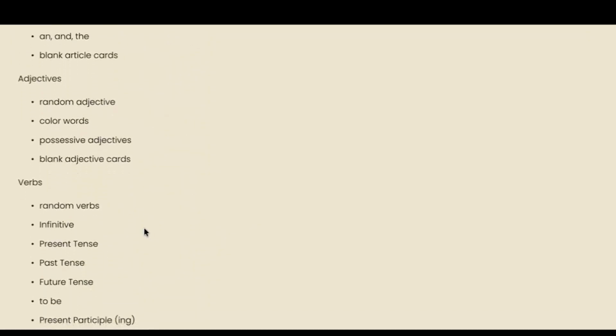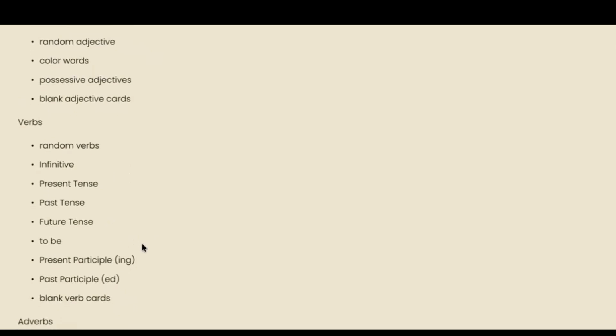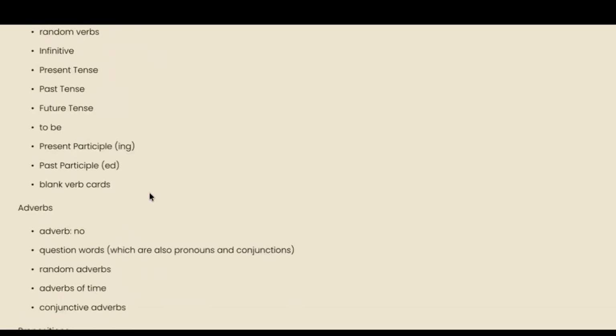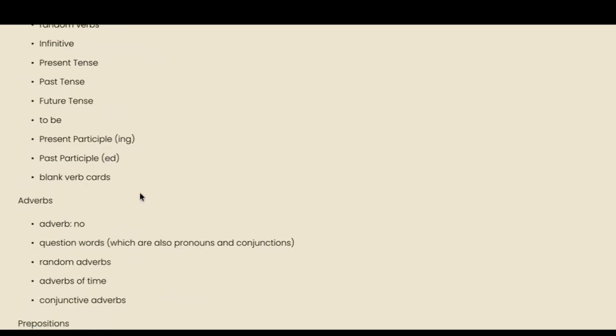There's random verbs, infinitive, present tense, past tense, future tense, to be, ing, past participle, and you could use the to be ones with the ing and past participle ones. For example, he is running, and then you get that pronoun, he is running, and it's just a lot of fun. And again, they can write their own verbs and everything on these cards.